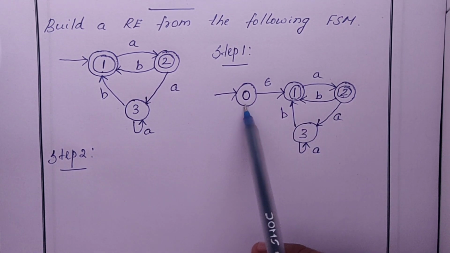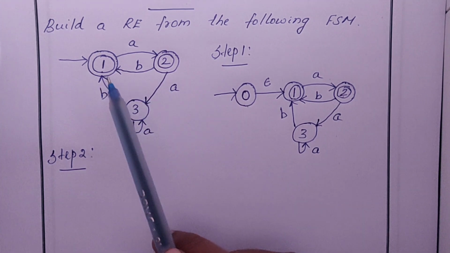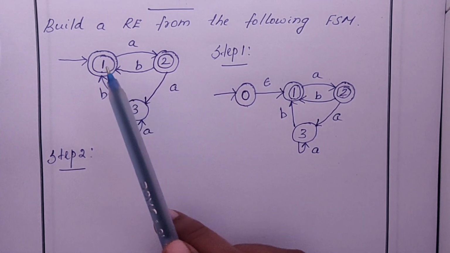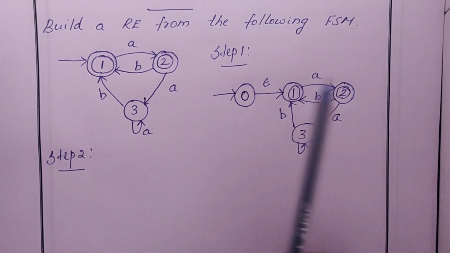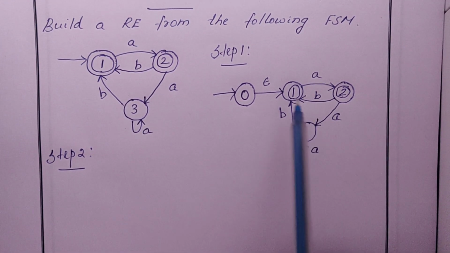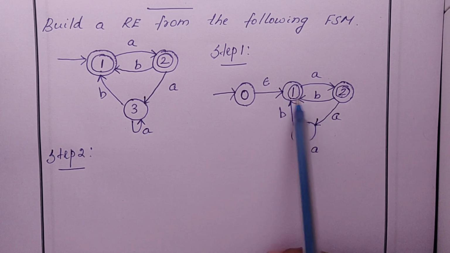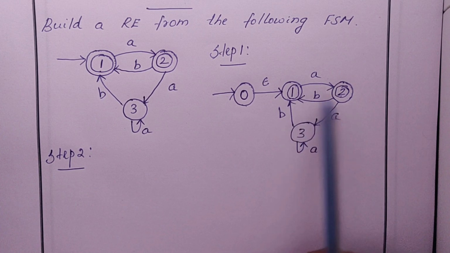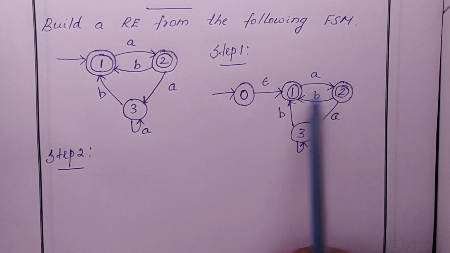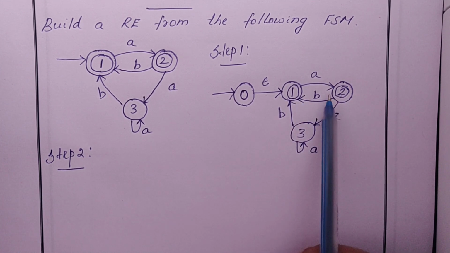For start state you have to check whether there is any incoming edge. For final state you have to check whether there is any outgoing edge. Now we can check. Check here if final state has any outgoing edge.